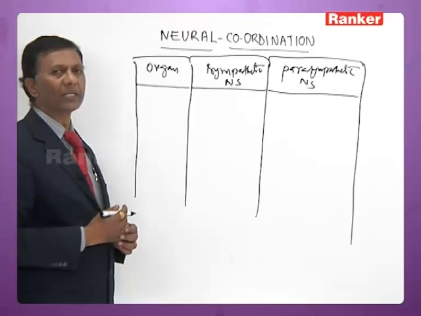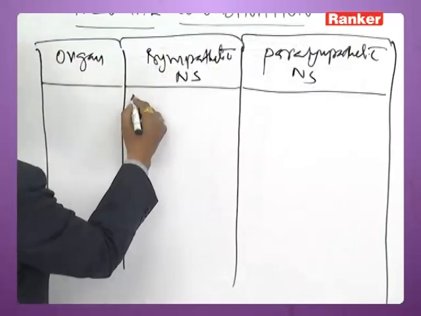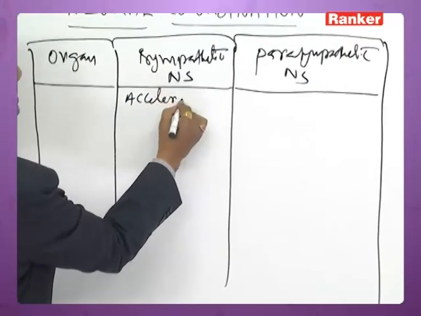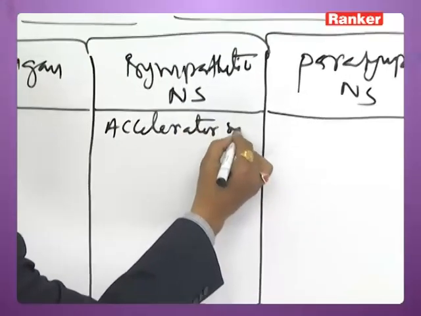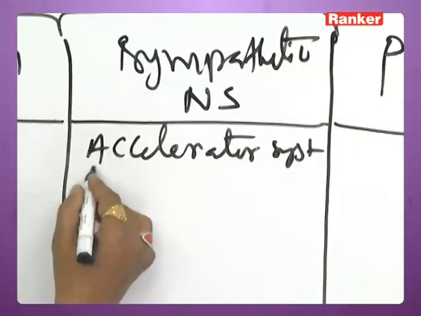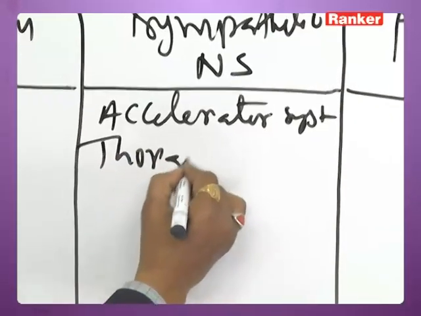Now the synonyms of the systems you have learnt already. The sympathetic system is also called the accelerator system. It is also called thoracolumbar outflow.